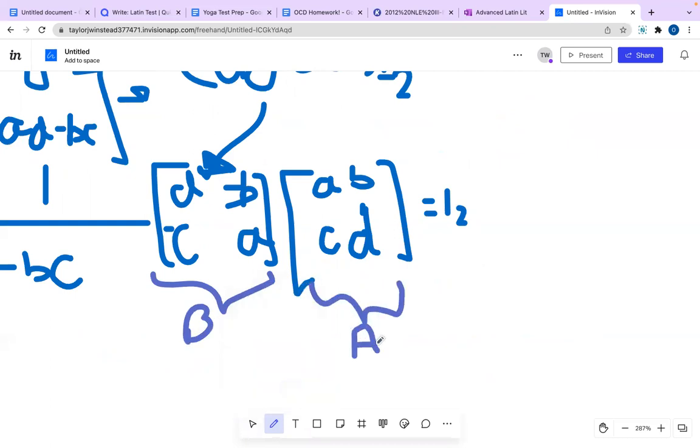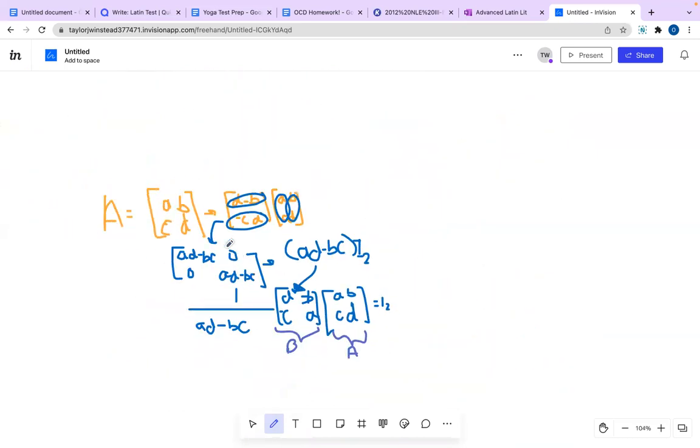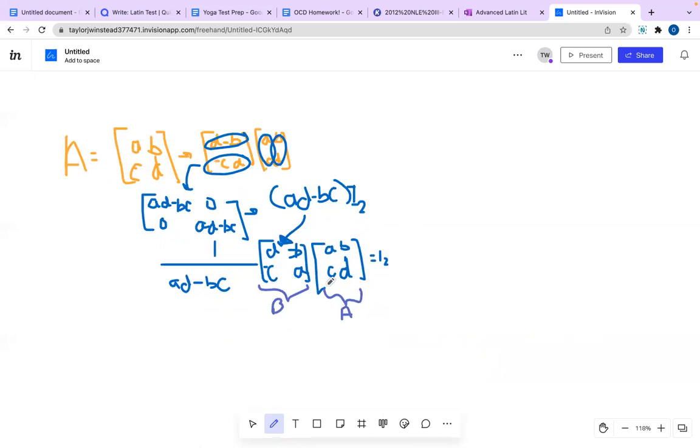Okay, so let me go back and explain this here. We've said that these two matrices multiplied is really equal to this, right? So what we can say here is that we can divide AD minus BC by this right here. And when we divide that, obviously we get 1 over AD minus BC times all this is equal to this identity matrix, right?